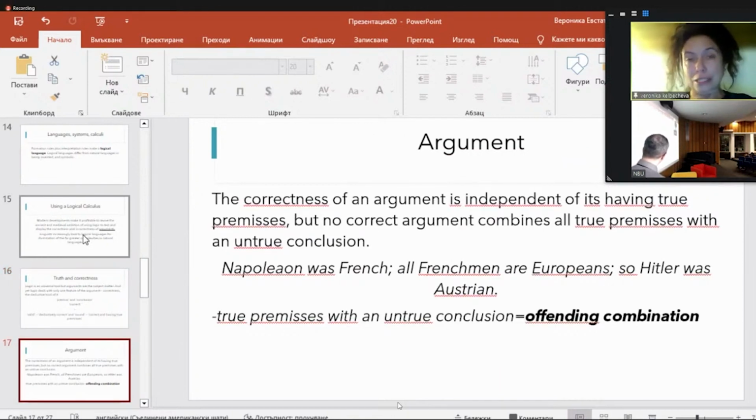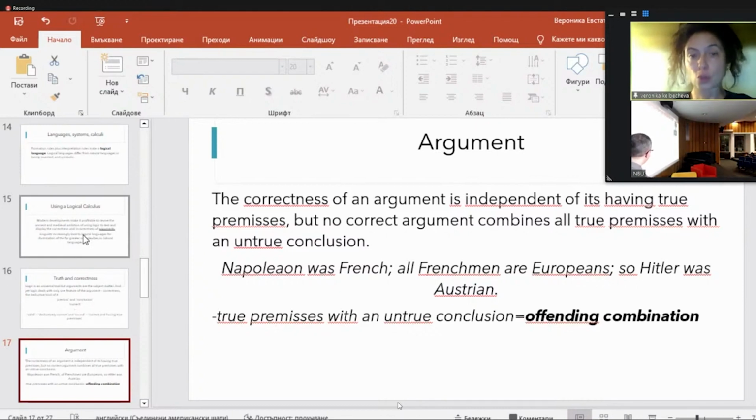The argument, the key word in the book. The correctness of an argument is independent of its having true premises, but no correct argument combines all true premises with an untrue conclusion. Napoleon was French, all Frenchmen are Europeans, so Hitler was Austrian.